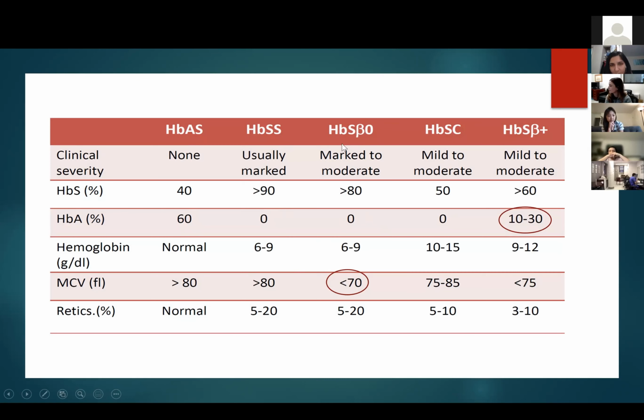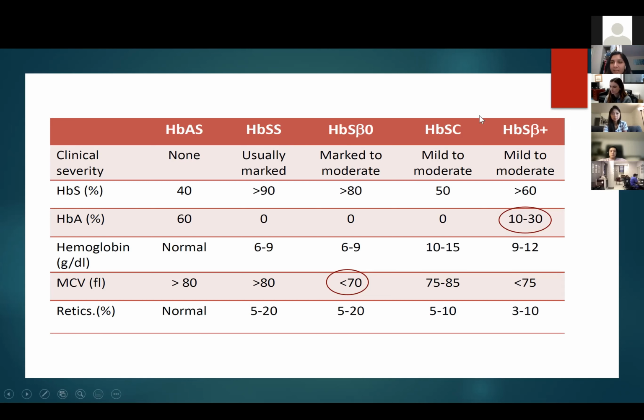And both of these conditions have a clinically severe phenotype. So what really distinguishes them is a really low MCV. So when you see MCV less than 70, you should question if this is sickle cell anemia, which means hemoglobin SS, or is it S beta 0.